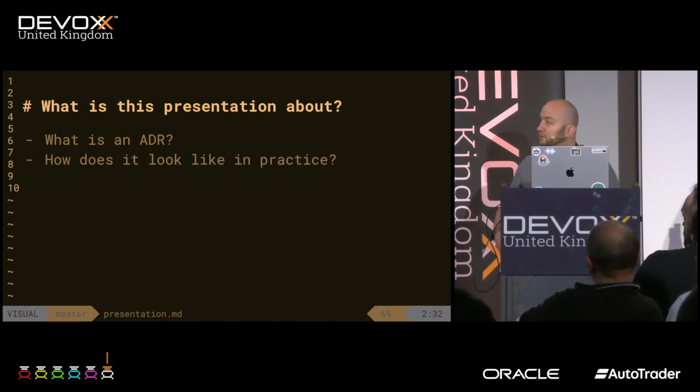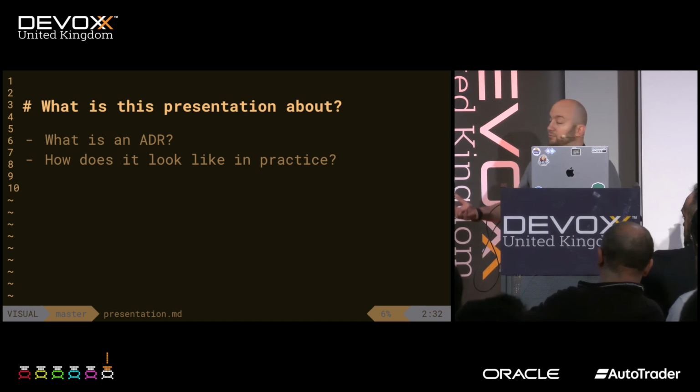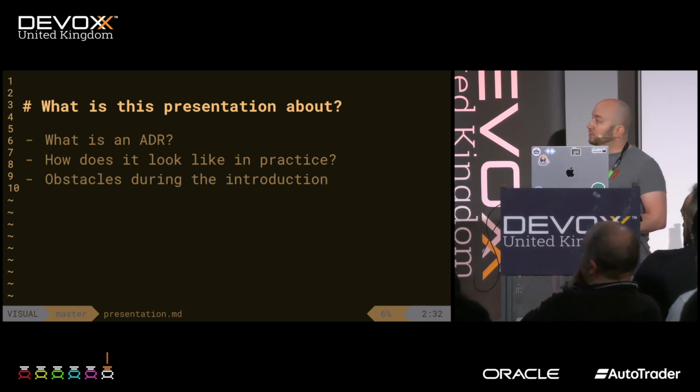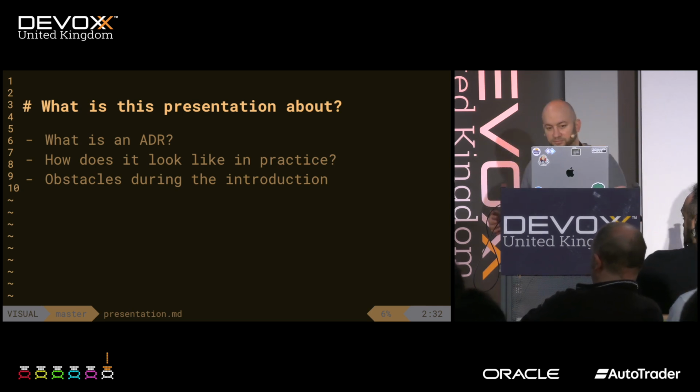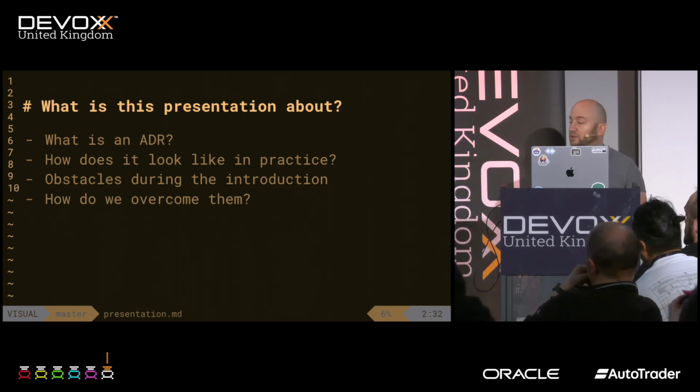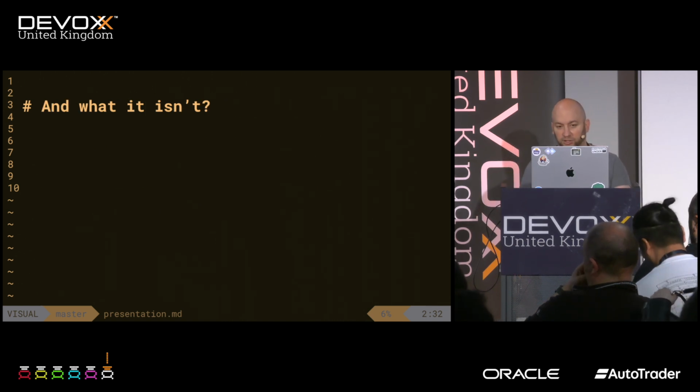And later, we'll see how it looks in practice, so how these documents are born and end up in some sort of log. And then I'm going to talk about our obstacles during the introduction, and obviously how we overcame them. And at the end, I hope we will have some awesome questions about the topic.